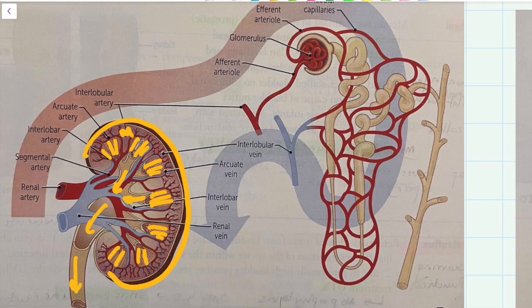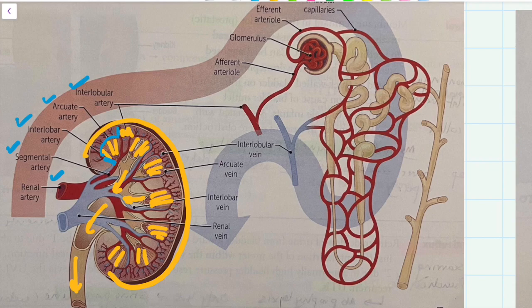Right. The vascular supply is by renal artery, which divides into segmental artery, interlobar, arcuate and interlobular artery. This is easy. First renal will divide into segmental, then interlobar, then arcuate and finally interlobular.